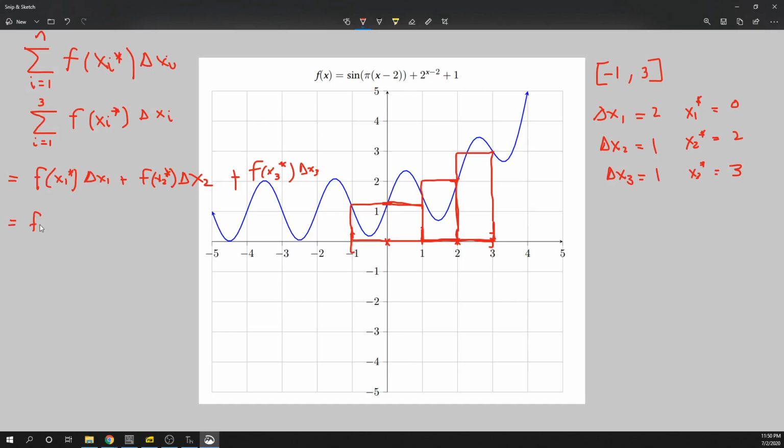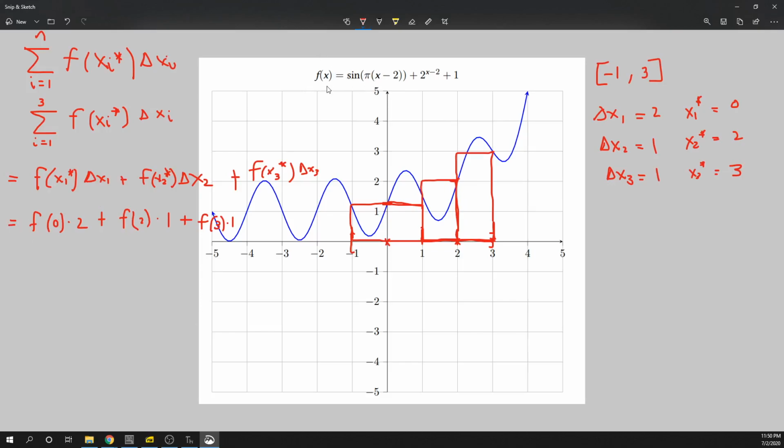So x1 star is 0, and delta x1 is 2. x2 star is 2, delta x2 is 1. x3 star is 3, times 1. Okay.